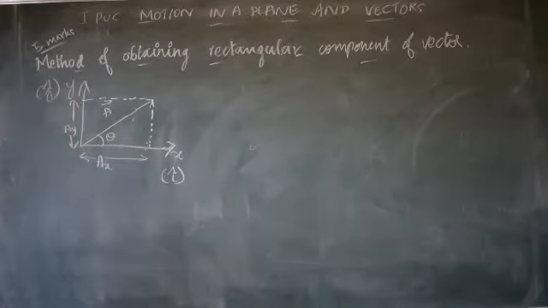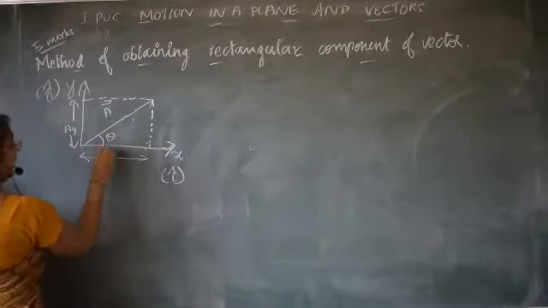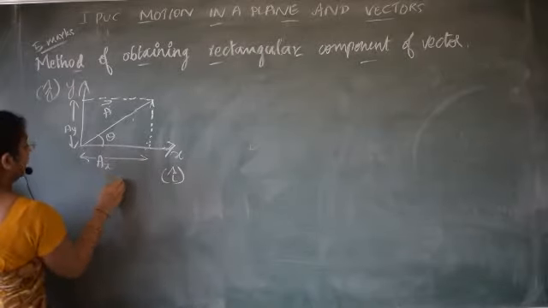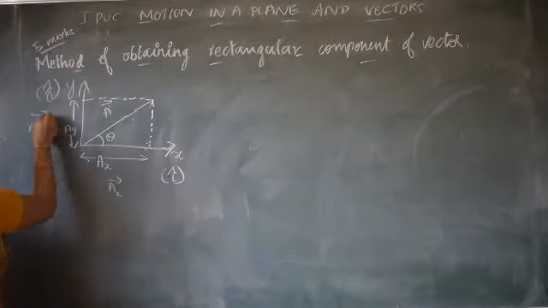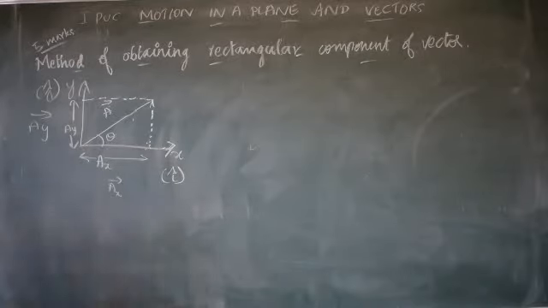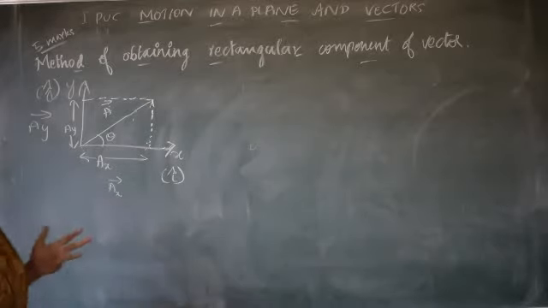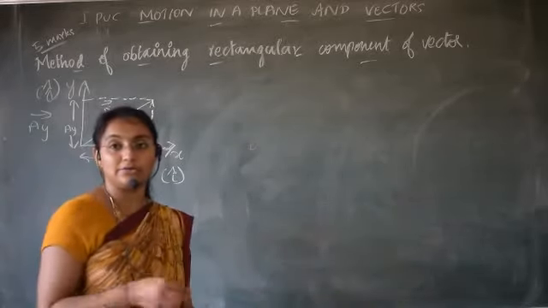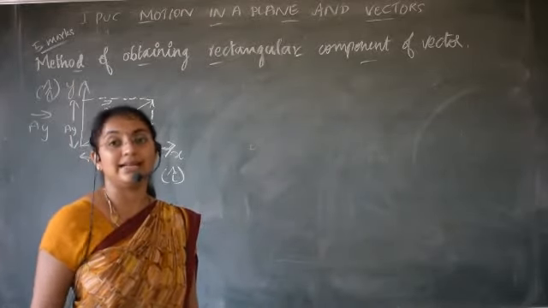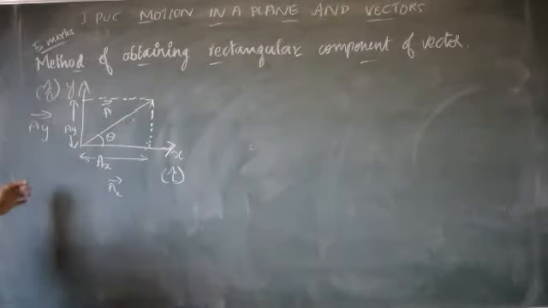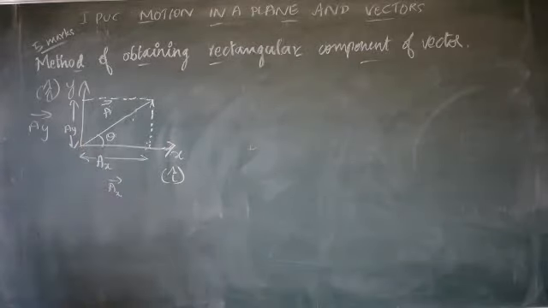Then we get two vectors, Ax vector and Ay vector, such that they obey the parallelogram law of vector addition. Even a rectangle is also called a parallelogram, but the angle between them is 90 degrees. That's all. So now this will obey the parallelogram law.